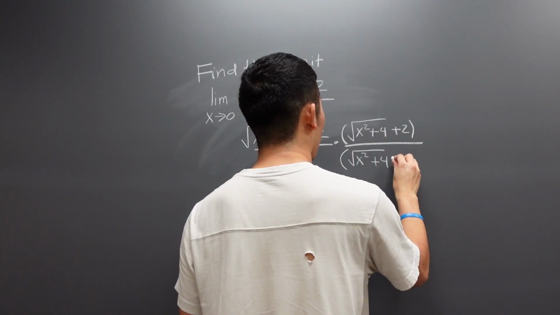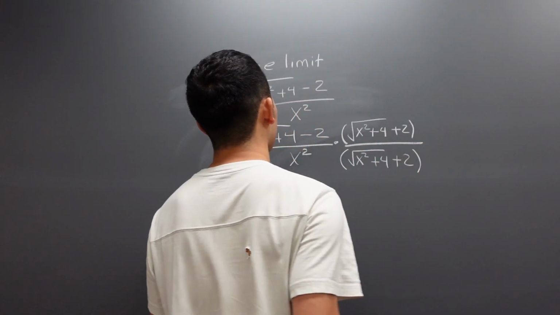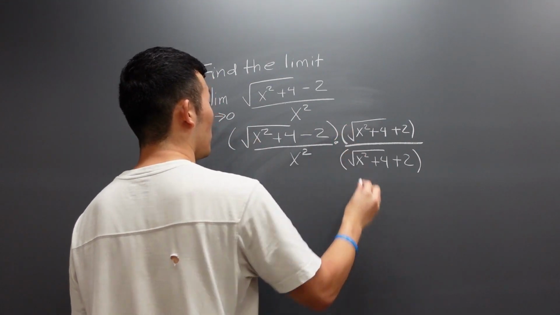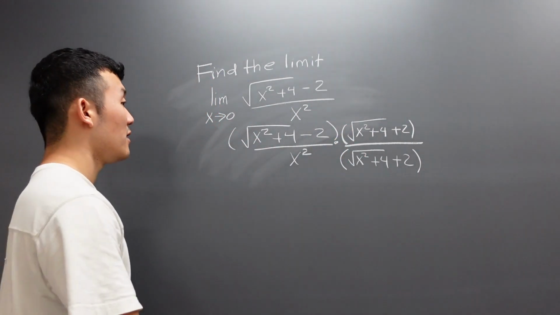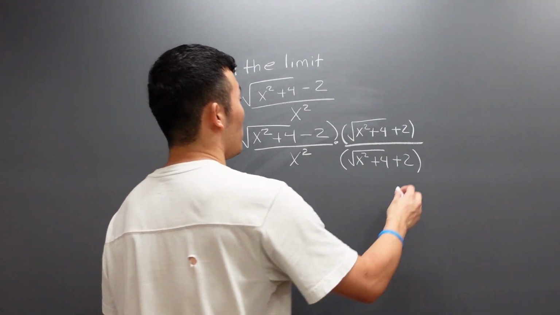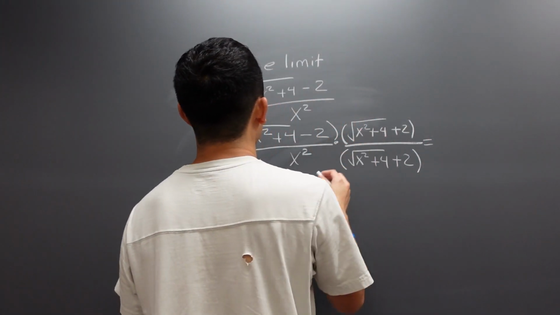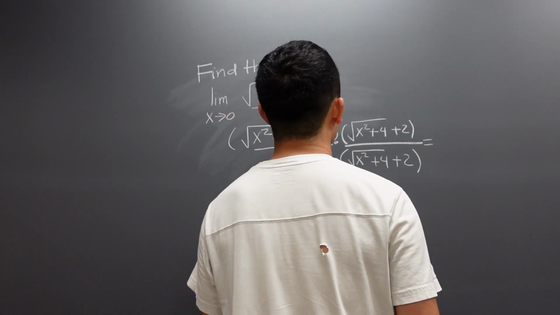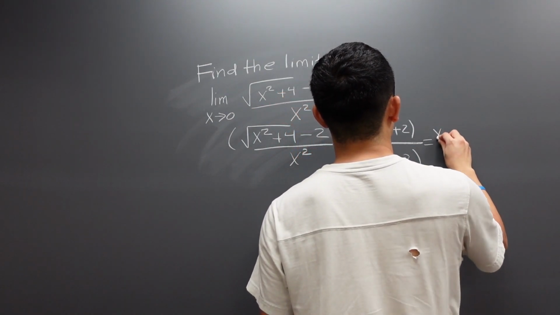In other words, I'm multiplying by its conjugate. Then from here, we could take the square roots of x squared plus 4. The square roots go away on that.